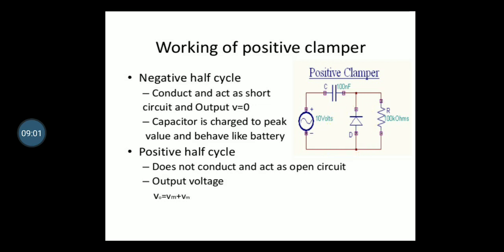During the negative half cycle, it conducts and acts as a short circuit, hence the output voltage is 0. The capacitor is charged to the peak value and behaves like a battery. During the positive half cycle, it does not conduct and acts as an open circuit, hence the output voltage V0 is equal to 2Vm.